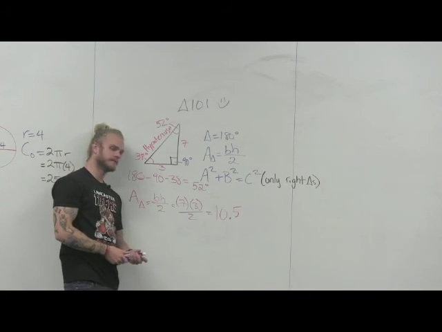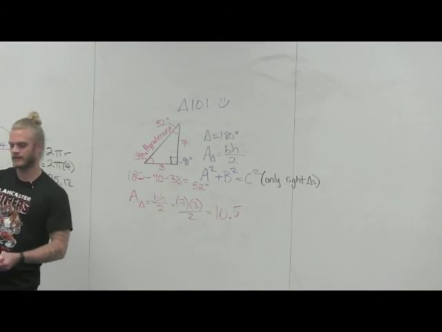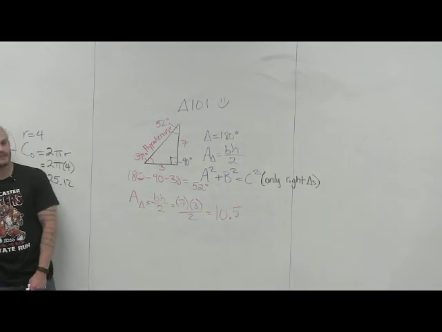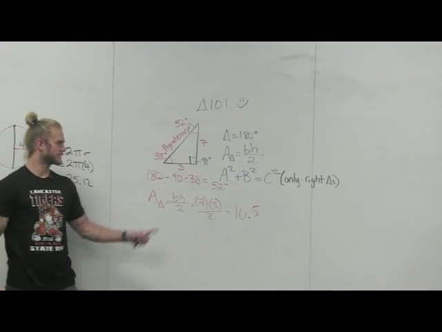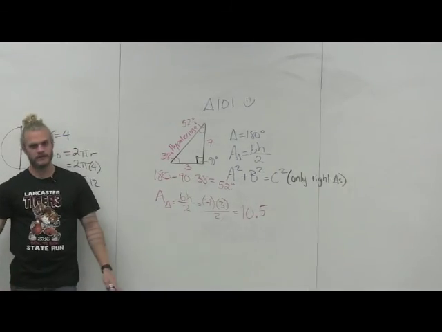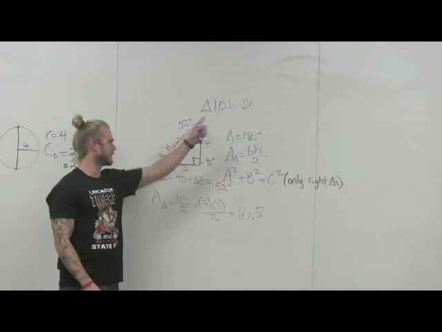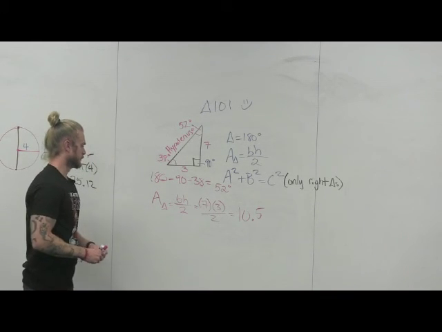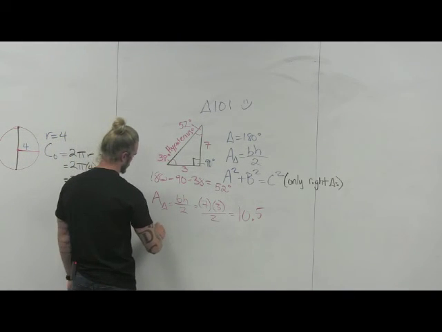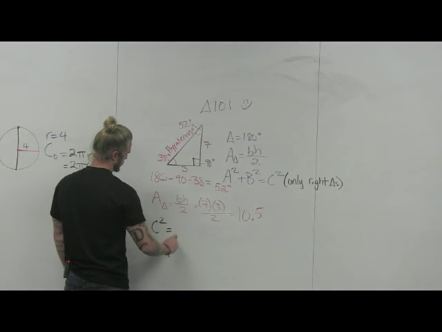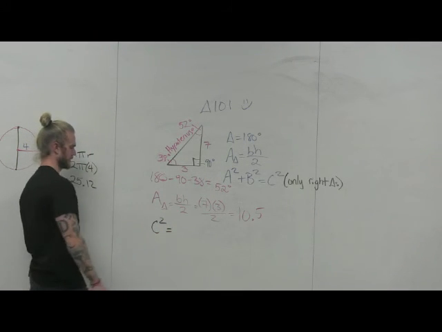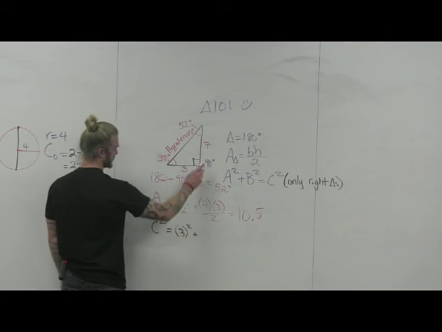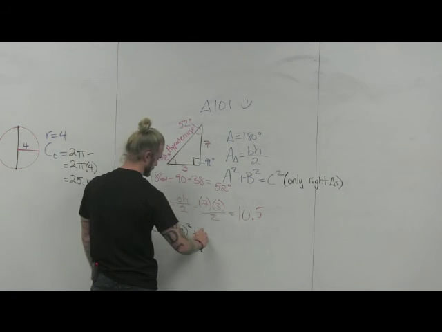Now, when you are doing this, it does not matter which leg you label as A and which leg you label as B. Legs are the part of the triangle that aren't the hypotenuse. All that matters is that your hypotenuse stays C. We don't know what C squared is, but we know that A squared could be 3 plus B squared is going to be 7.